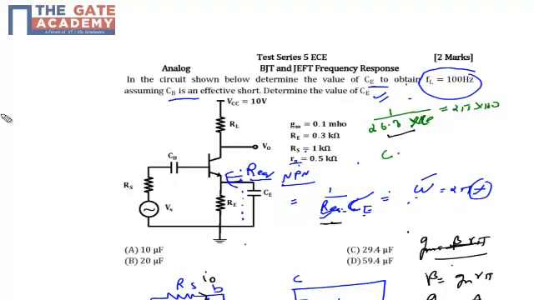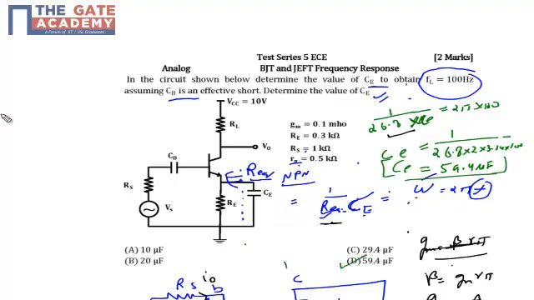So CE will be 1 upon 26.8 into 2 into 3.14 into 100, which is 59.4 microfarad. So CE is 59.4 microfarad, which is option D.